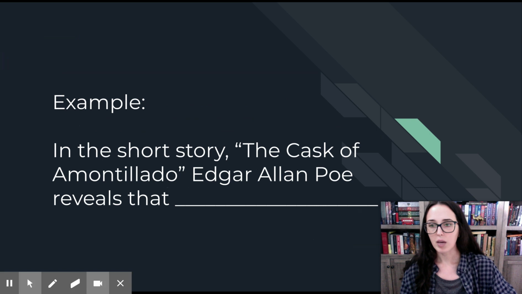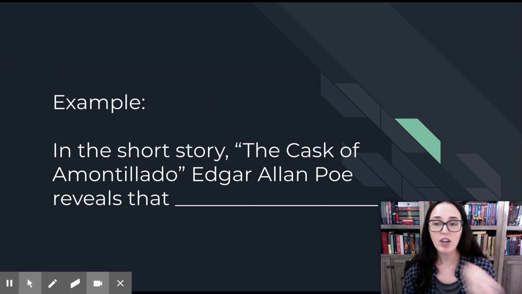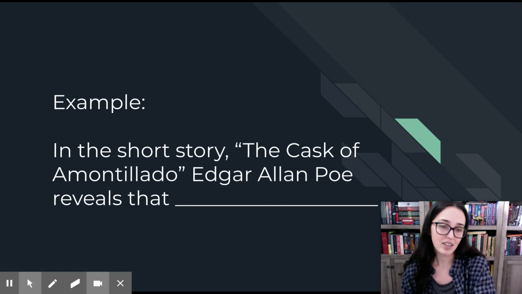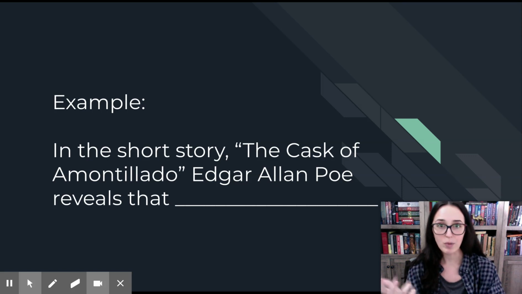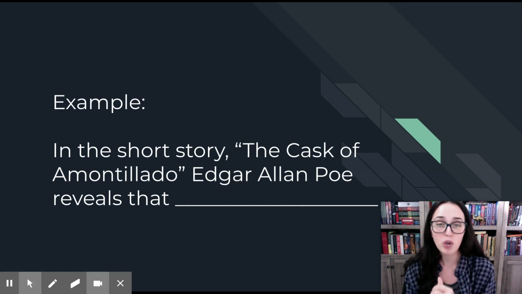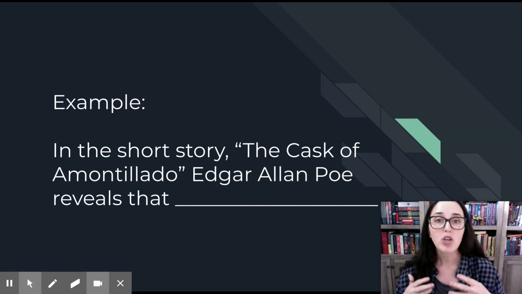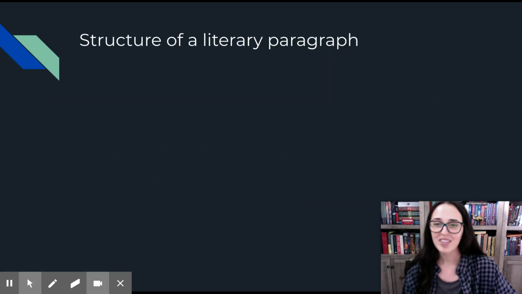So the example could be, in the short story "The Cask of Amontillado," Edgar Allan Poe reveals that, and then you would insert your thematic statement about either deceit or revenge. Again, whichever one you feel is the strongest thematic statement that you have written so far, the one that you believe your evidence backs up the best, and the one that you believe you can analyze the best, right?